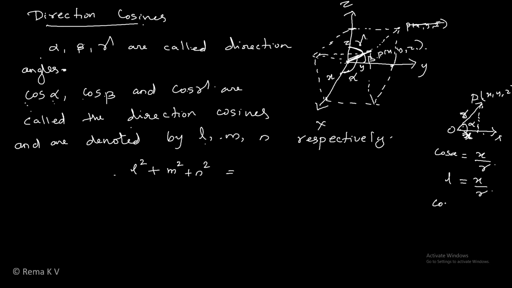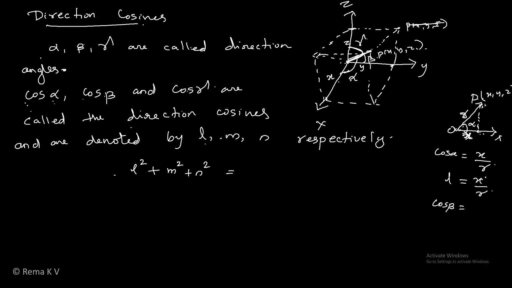Similarly, we can define cos beta. See, this is x and we are joining a perpendicular from the point P to the x-axis, and the magnitude of the line segment OP is R. This length is x, this is alpha.